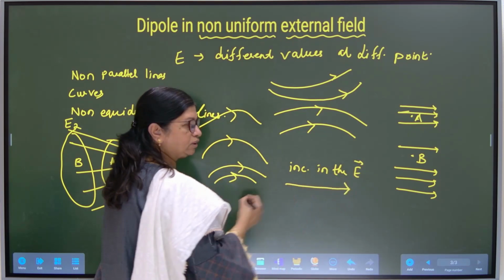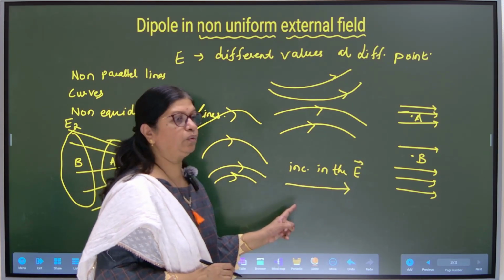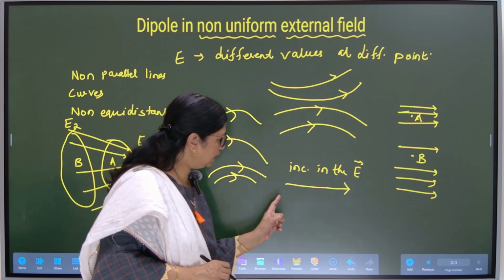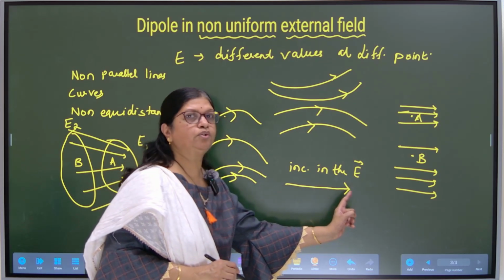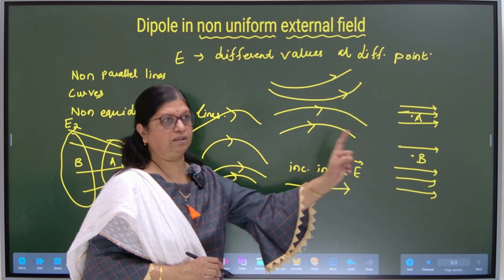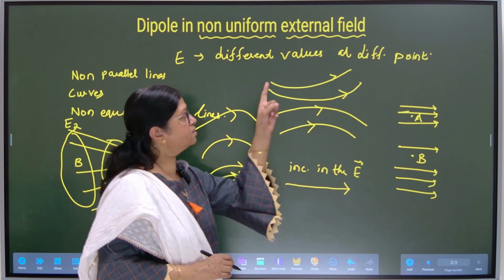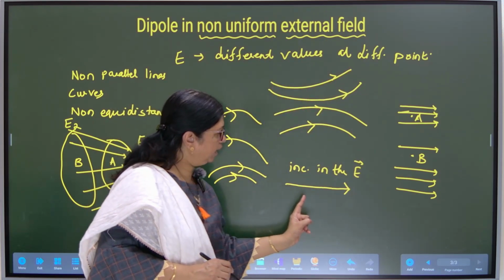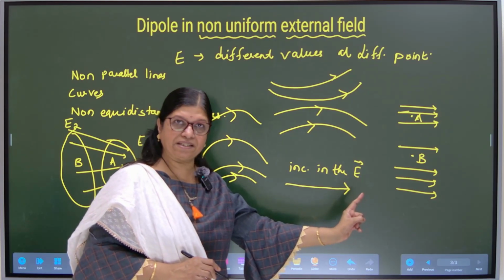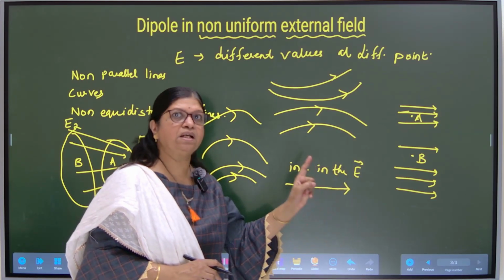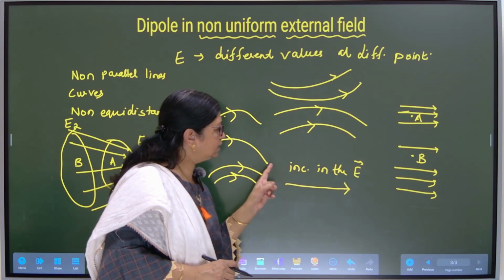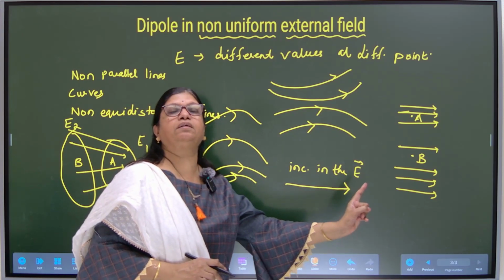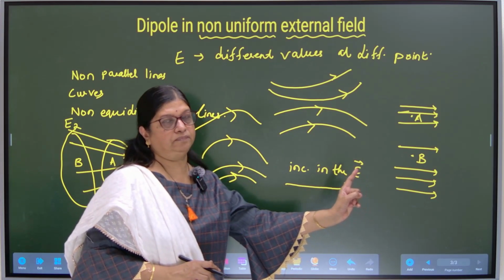What does this arrow say? That the electric field value is increasing from here towards the arrow's direction. This is the meaning. When you say this is a non-uniform external electric field, and I have represented it as an arrow like this, it means that this is the direction of increasing electric field.